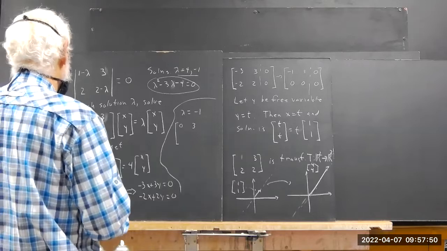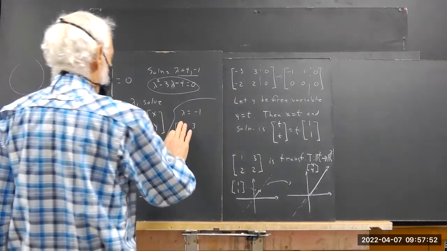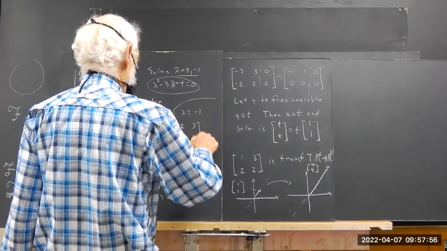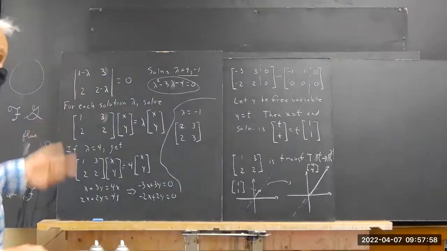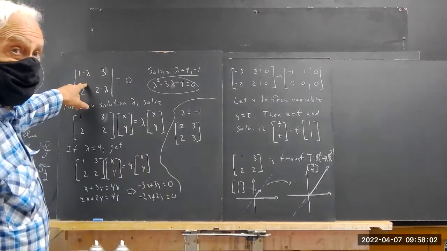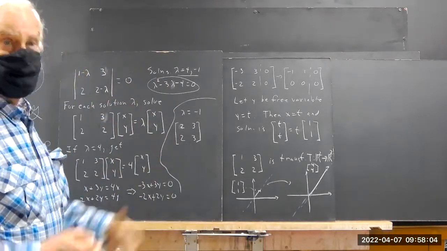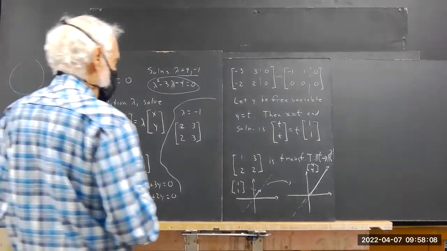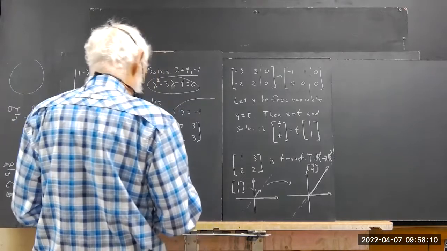No, sorry, that's 2. It has to be something to get down here. And so when I subtracted -1, I just subtracted 1. It's really easy to do that. And that's fine. Okay.